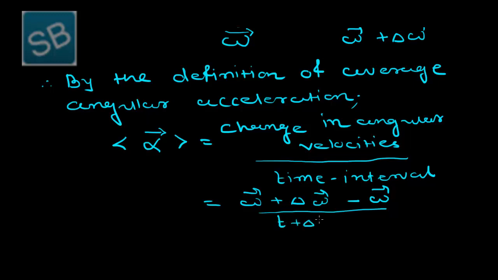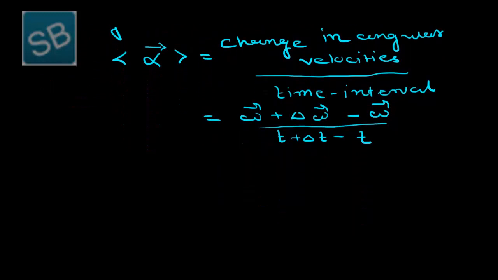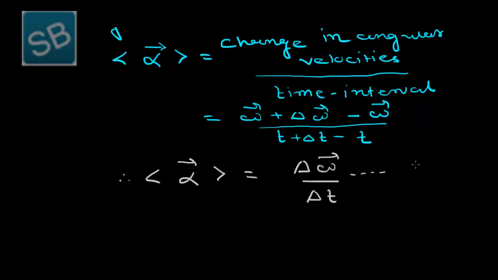So the final time was t plus delta t and the initial time was t, and hence the final equation for average angular acceleration alpha vector is equal to delta omega vector divided by delta t. So this is my first equation for average angular acceleration. Same, we are applying the instantaneous property over here.